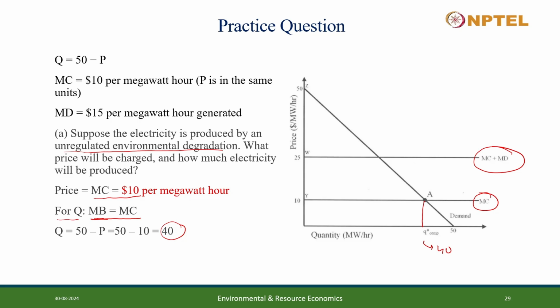Consumer surplus is given by the difference between the demand curve and the actual price. Let's say at this point I am willing to pay rupees 48, but I'm getting it at a price of 10 rupees. So from here to here, this is my surplus value.